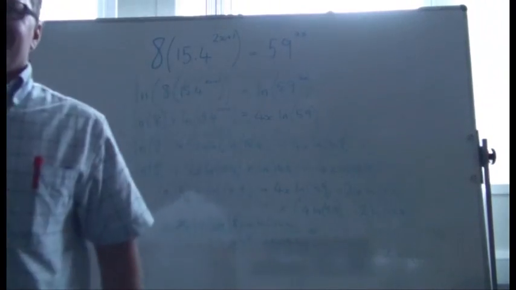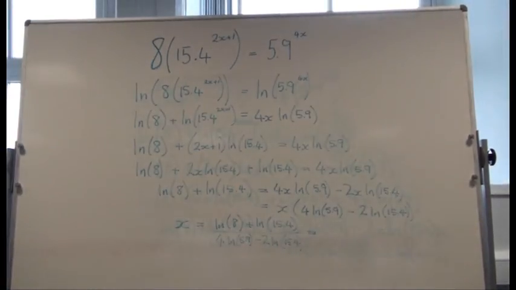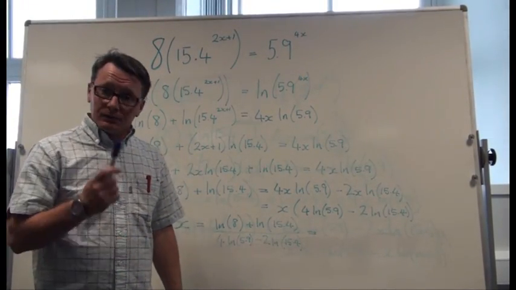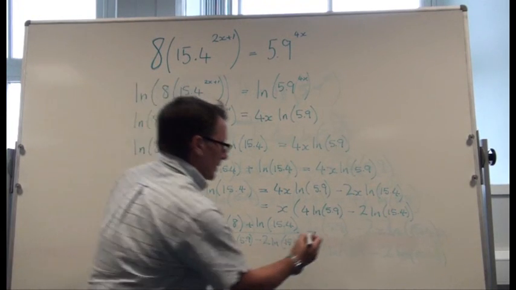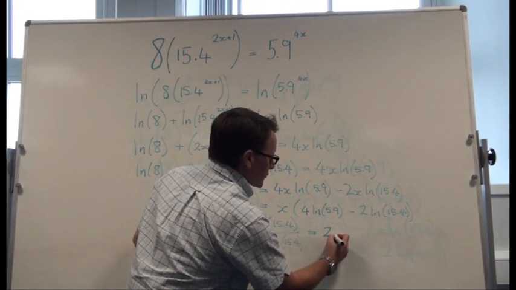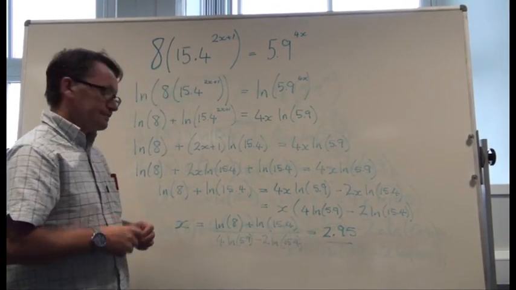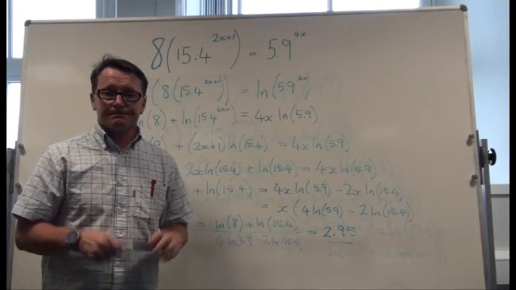And if you put that into your calculator to 2 decimal places, that should be 2.95. Okay? Job's a good one.